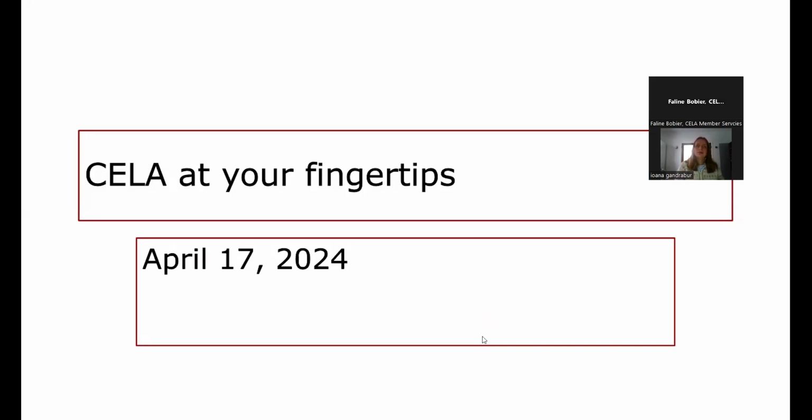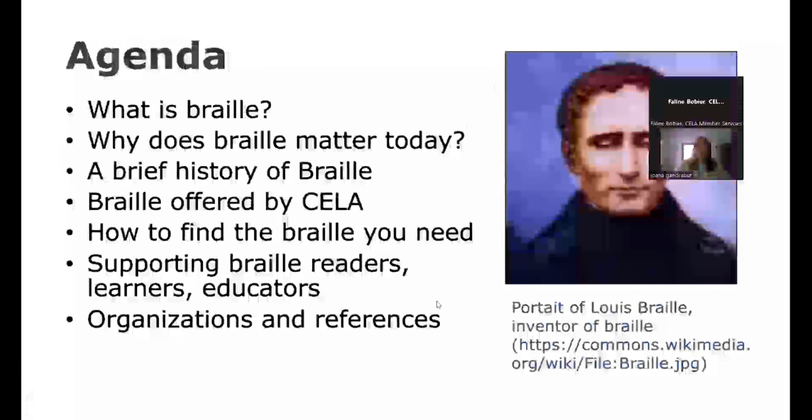Okay, so next slide. Let's move to the agenda of what we're going to talk about today. First of all, a short overview of what is Braille. Then we'll move on to the question of how is Braille relevant in our times with all the technology and alternatives that we have available. Then a bit of historical context.